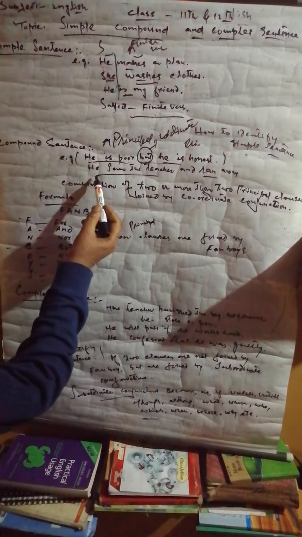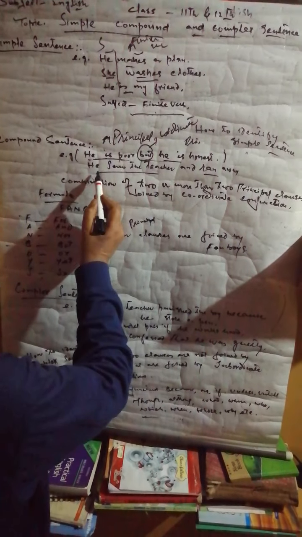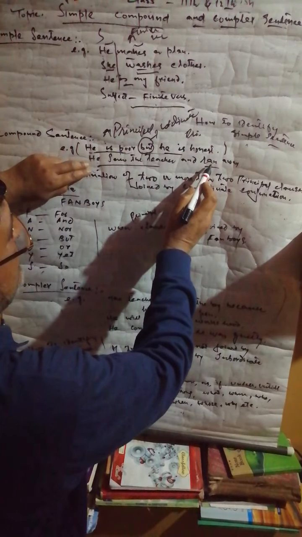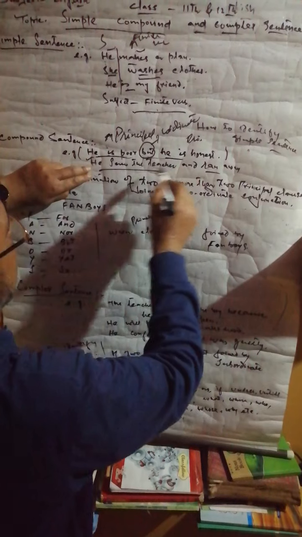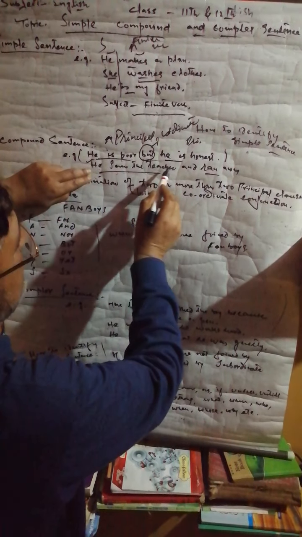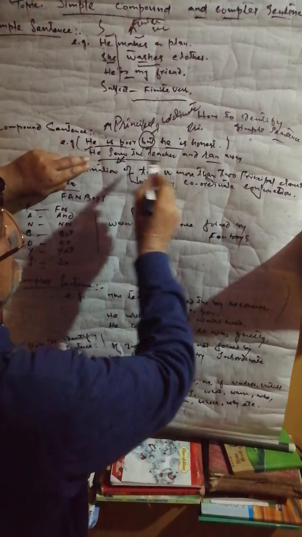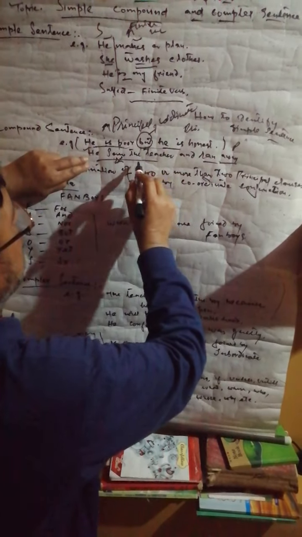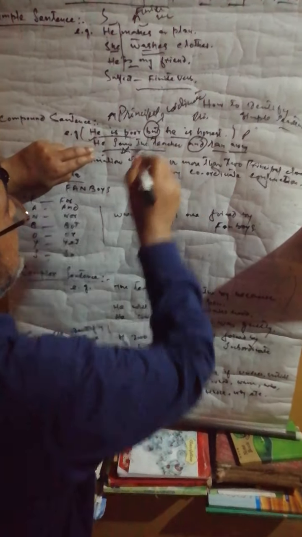Again, he saw the teacher and ran away. Here the subject he is common. So he saw the teacher is one principal clause, and ran away is also a principal clause, and both are joined by the coordinate conjunction, that is and.